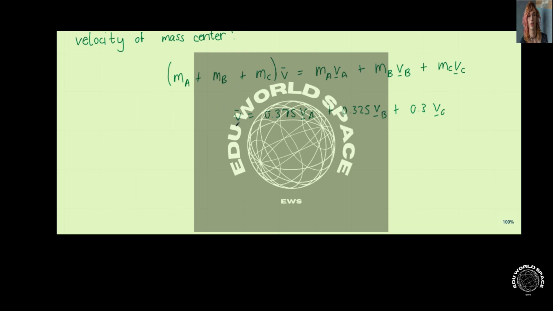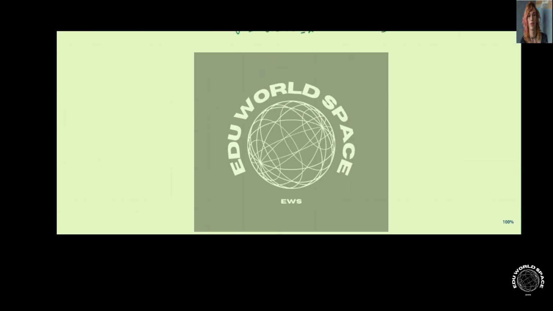Now, since the cars collided at the pole, we can find the coordinates for the position of the pole. So the position of the pole, RP, we'll call it, resolved into components, has an x component, xp times i plus yp times j. So we'll break it into its two constituent components.